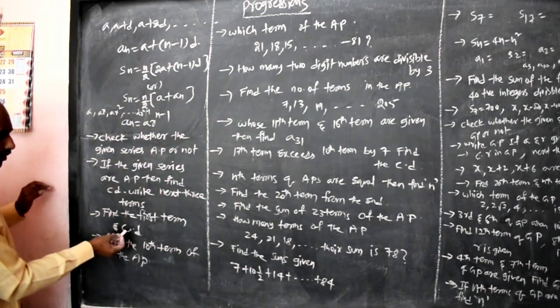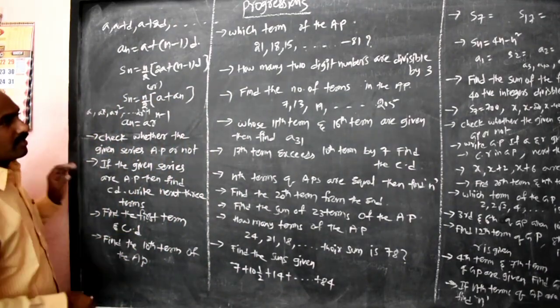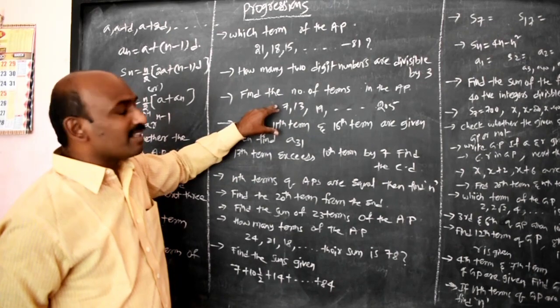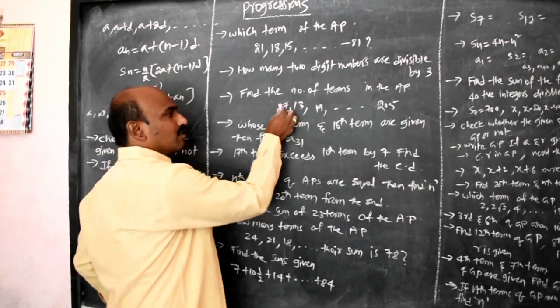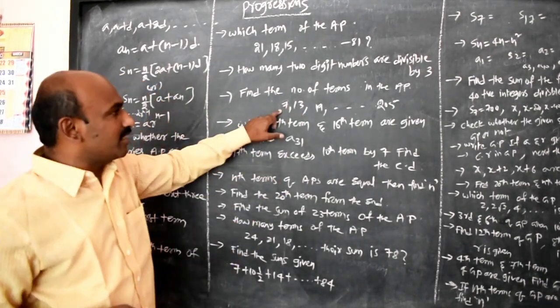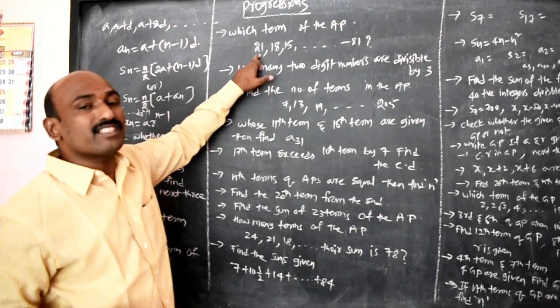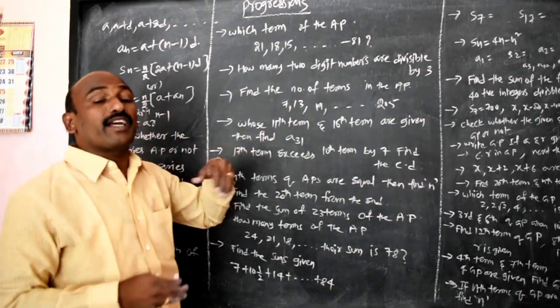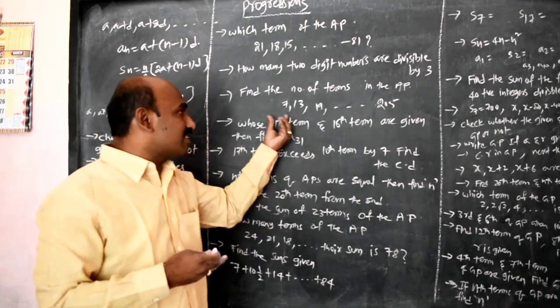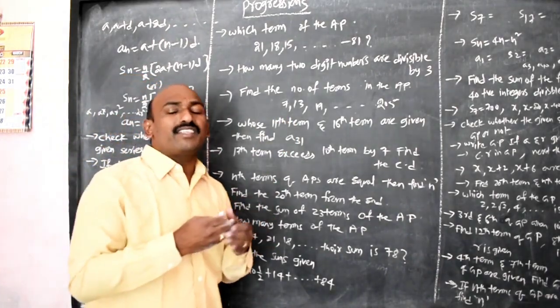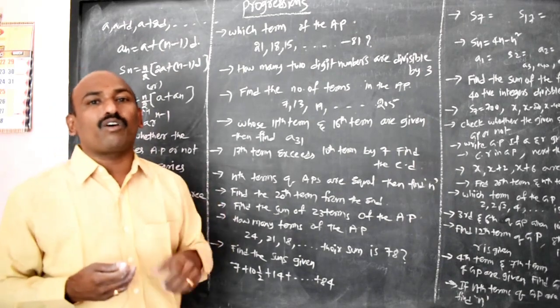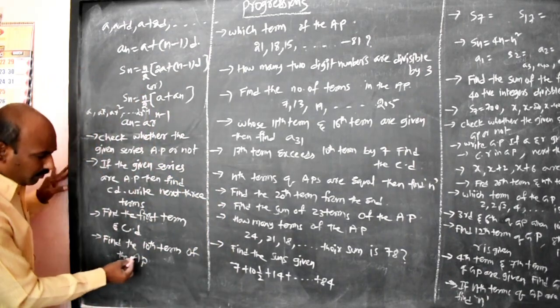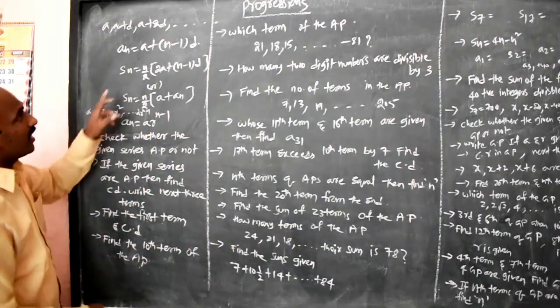Also, to find the first term and common difference: whenever a series is given, the first term is the first number, here 7, and in this series 21 is the first term. The common difference is the second term minus the first term. Only if the given series is an AP can we define the common difference; if it is not an AP, we cannot. Also, to find the 10th term of the AP we can use this formula.